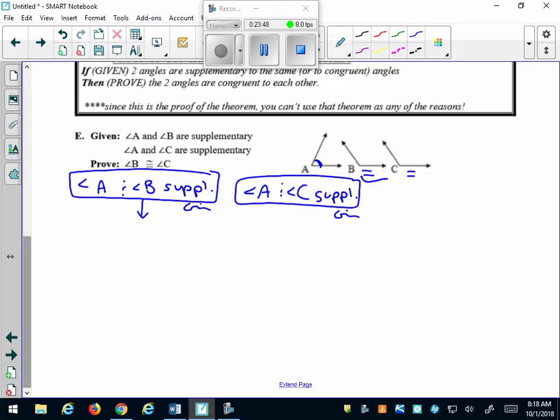So we have two angles, B and C, that are both supplementary to the same angle, A. So we're going to just make our conclusions.